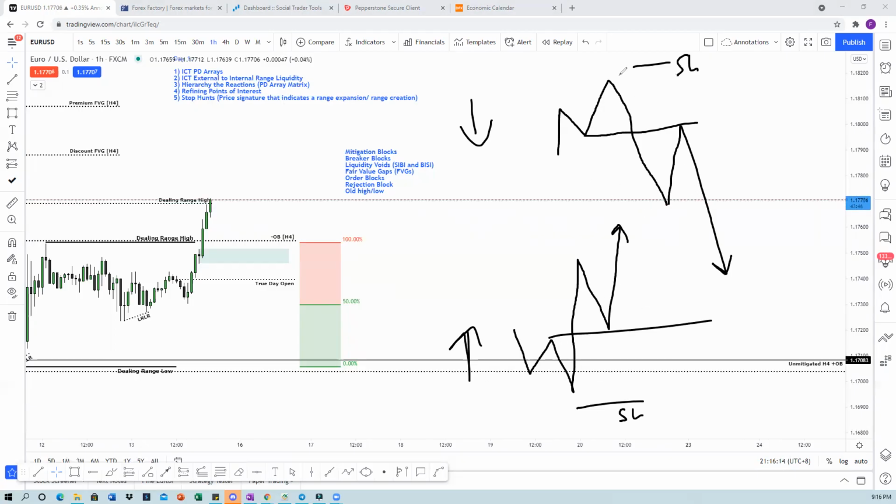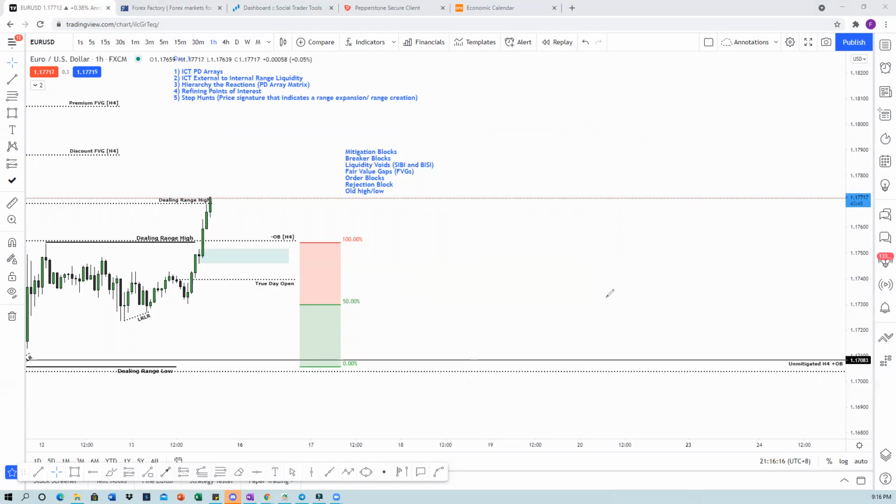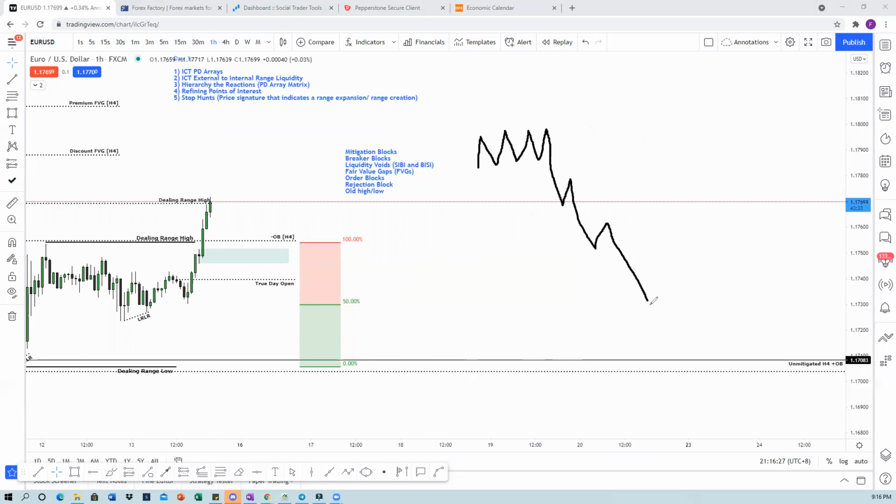Now if I draw something for you right over here, let's take a look at this example. We have a consolidation. Price drops, boom, and now it does this.